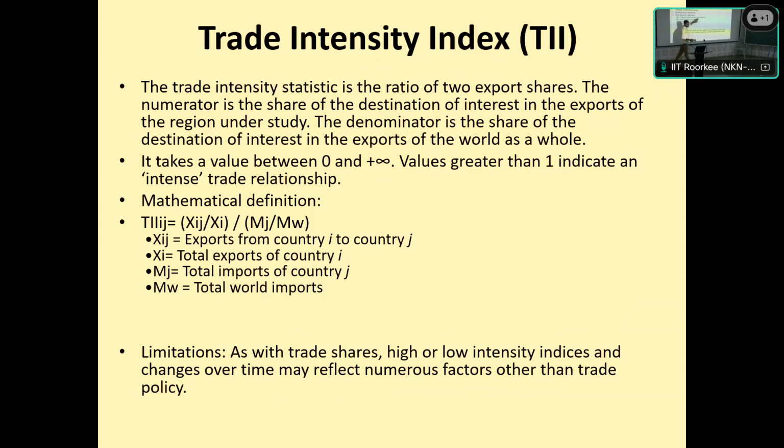So here the reference point is the jth country. The ith country is exporting to the jth country, and initially we check how much it exports to the jth country. How much of the exports of the ith country go to the jth country, as compared to the jth country's imports from the world.